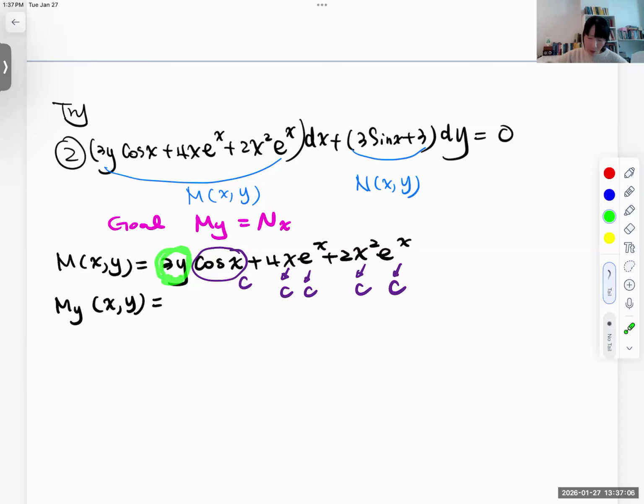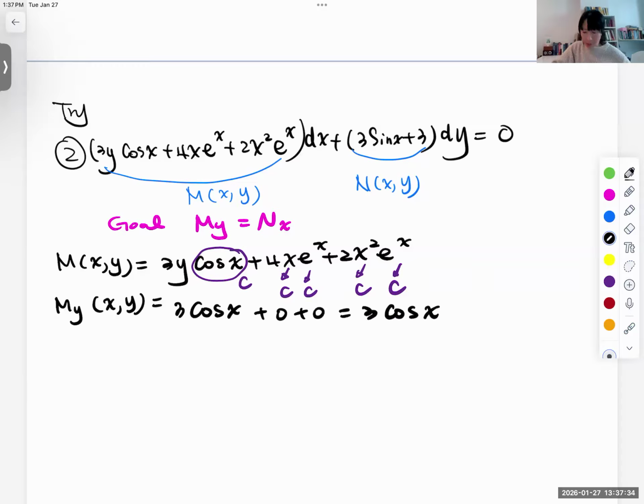Partial derivative with respect to y, we have a 3, right? And then cosine x is a constant, so 3 cosine x. Everything else is constant, so it's 0, right? So 0 plus 0 plus 3 cosine x, which is 3 cosine x.